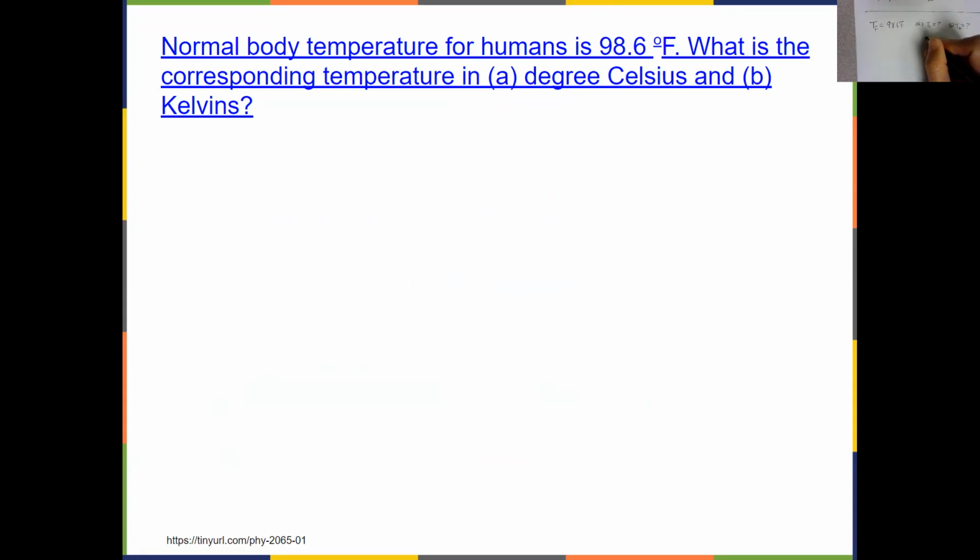The first one, A, will be 37 degrees Celsius, and the second one in Kelvin is about 310 Kelvin. So A, 37 degrees Celsius is the answer, and B, 310 Kelvins is the answer.